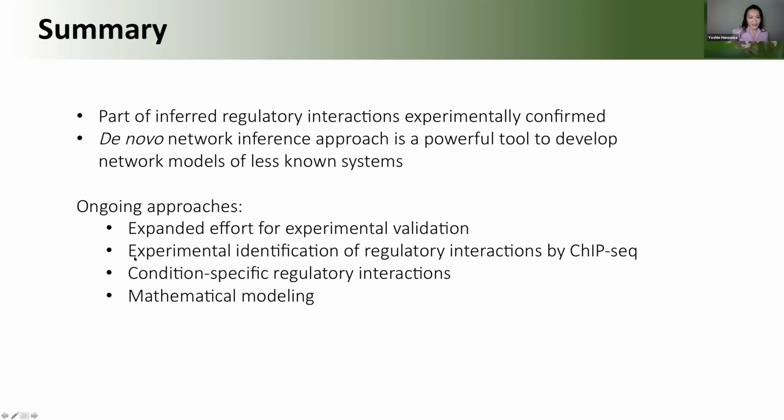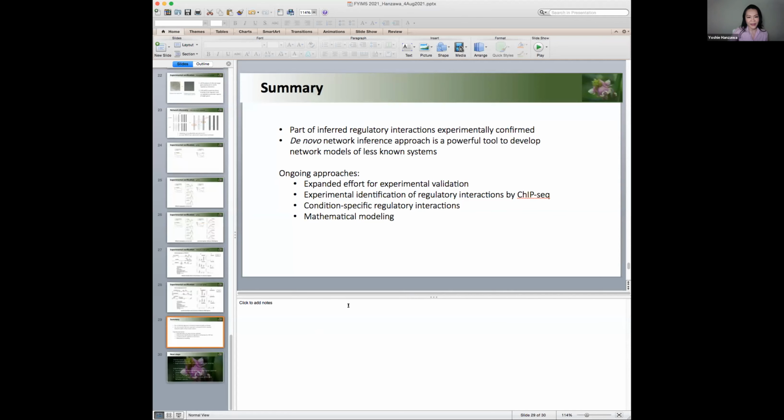Currently ongoing is an expanded effort for experimental verification, and experimental identification of interactions by ChIP-seq is also ongoing. We also want to see the condition-specific interactions, and the mathematical modeling part is ongoing. So with that, I'd like to pass it to my collaborators, my modelers, Bruce and Xiaohan. Let me switch.